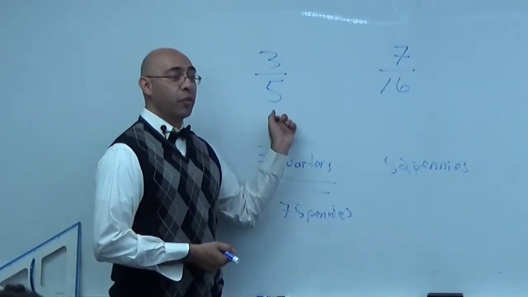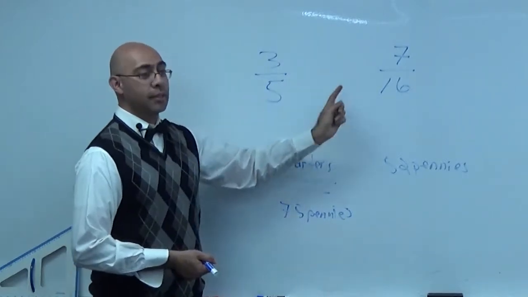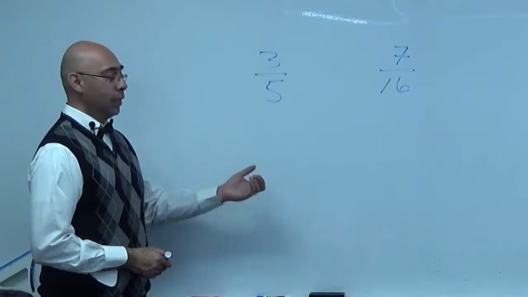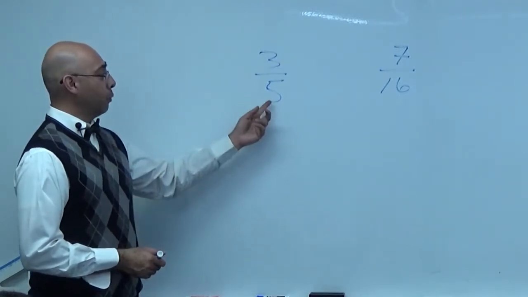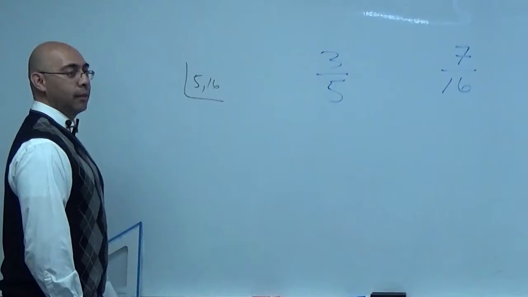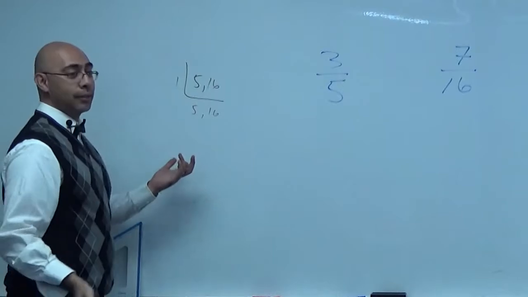It works the same way with fractions. Is it bigger to have 3 of these things or 7 of these things? So what I'm going to do is get a common denominator. It's not going to be pennies, but what number can 5 and 16 go into? You could say 1, but then you have a 5 and 16 again.